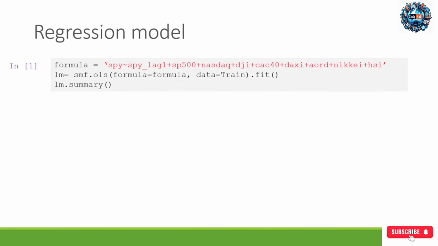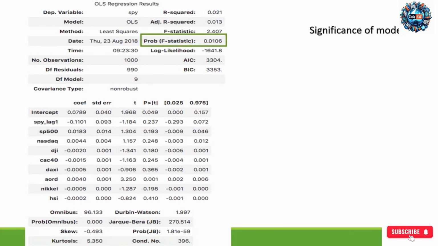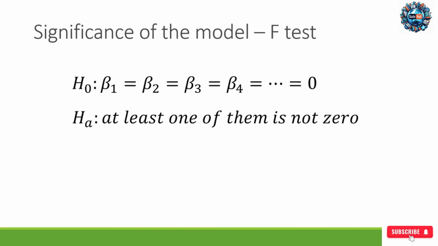We can use the OLS method of statsmodels to build a multiple linear regression model. The summary is printed out. There are a couple of things we need to pay attention to. The first thing is the p-value for the F statistic. The F test is for overall significance of the multiple linear regression model.